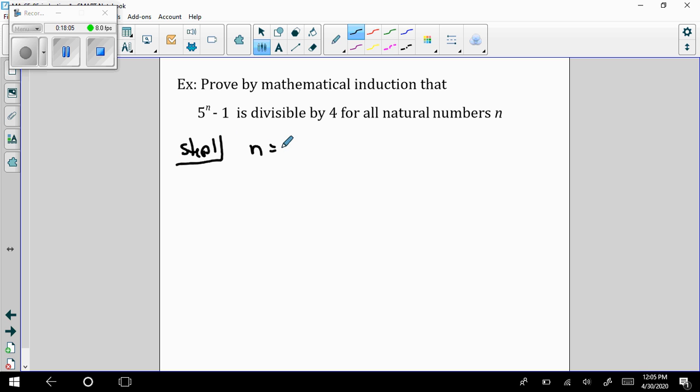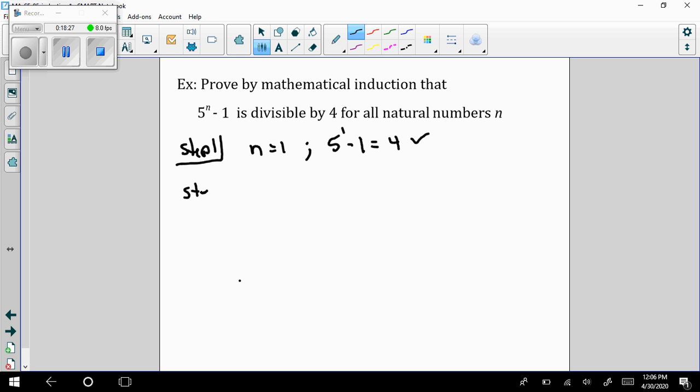Easy part, n equals 1. 5 to the 1 minus 1 equals 4. And we know that 4 is divisible by 4. So our starting point is just with the very first term.